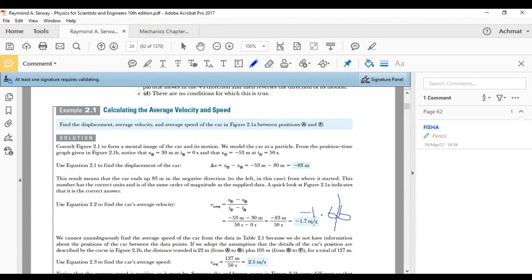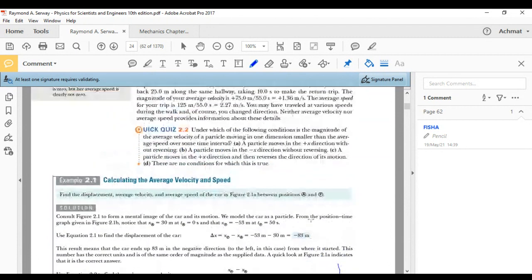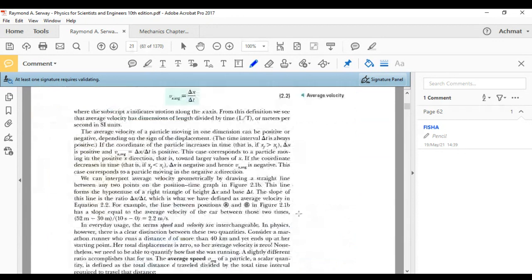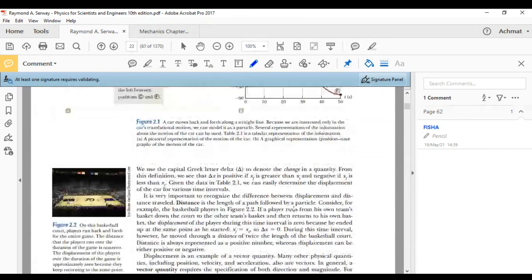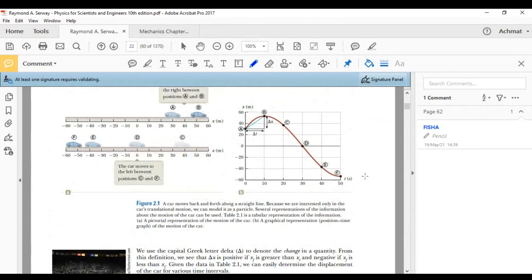Let's go back to our graph quickly and see if that is correct. Between A and F, if I draw a straight line between A and F, can you see the gradient of that line?